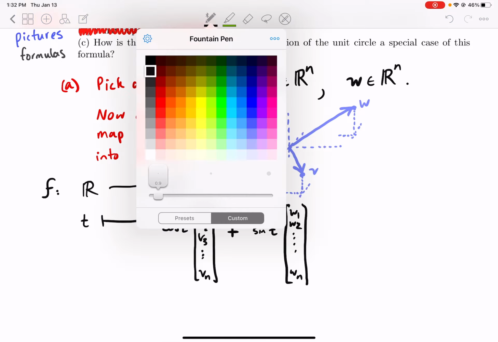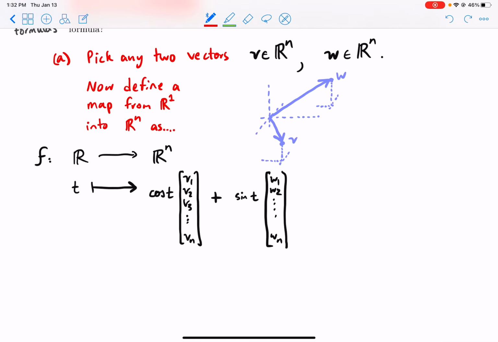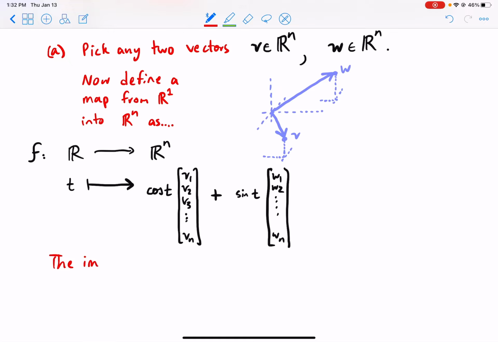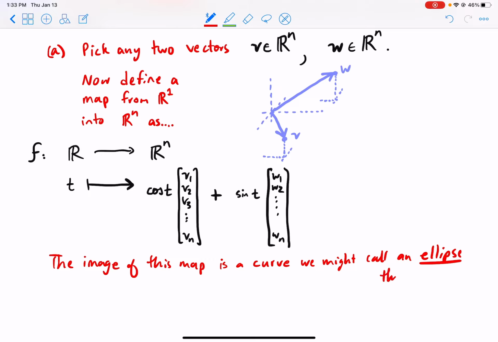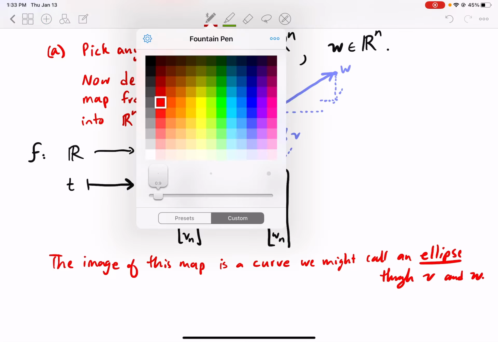Great. Now, what I'll say in words now, remember we need words, pictures, and formulas, is that the image of this map is a curve that we might call the ellipse through v and w. Okay, and I'll go back to my picture over here, and I'll try to draw some part of that ellipse.